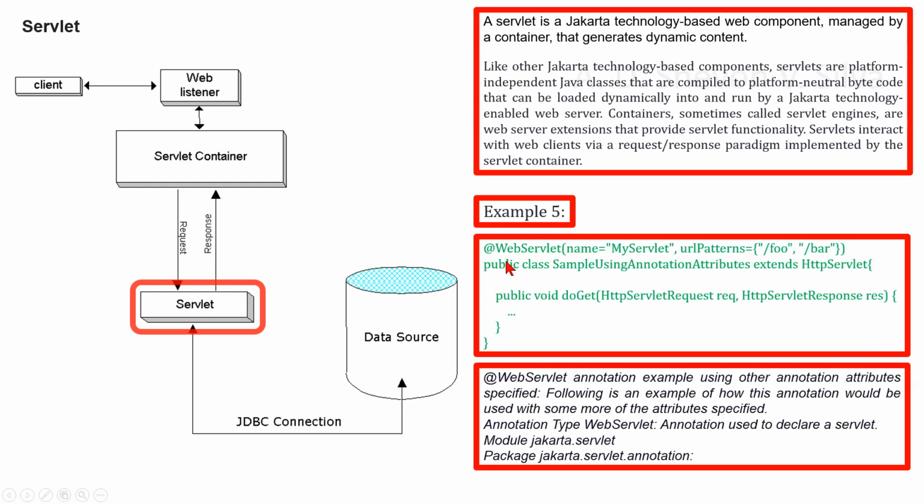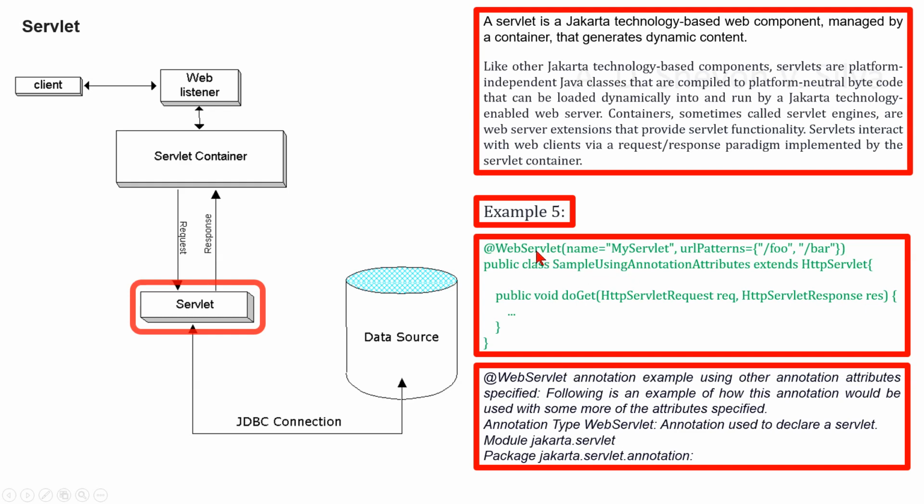As an example 5, we can consider this code segment, the @WebServlet annotation. Example using other annotation attributes specified. Following is an example of how this annotation would be used with some more of the attributes specified. Here the annotation type WebServlet is used to declare a servlet.